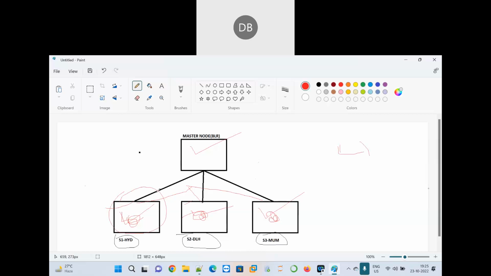Okay. So what is the advantage of this kind of file structure? Whenever we store the data in multiple machines, what are the different advantages we have? Let's see.